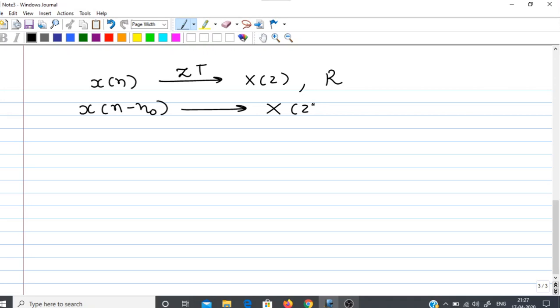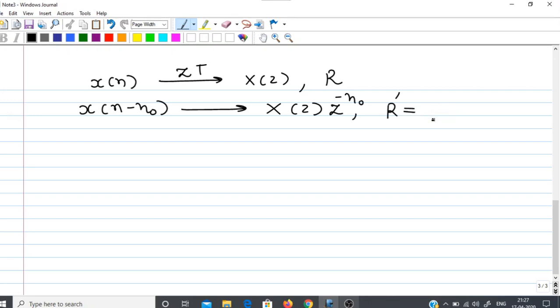It would be X(z) z to the power minus n naught. And what would be the ROC? Let us assume the ROC is R dash; it would be almost R.